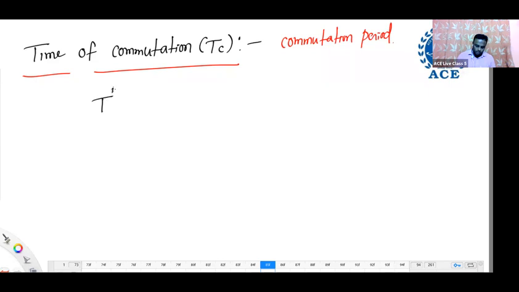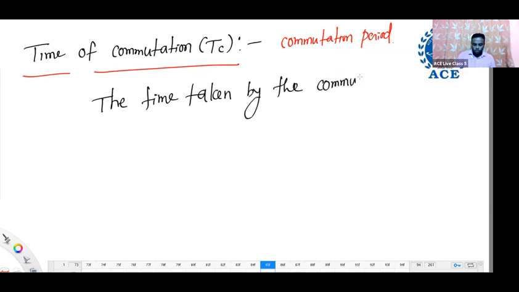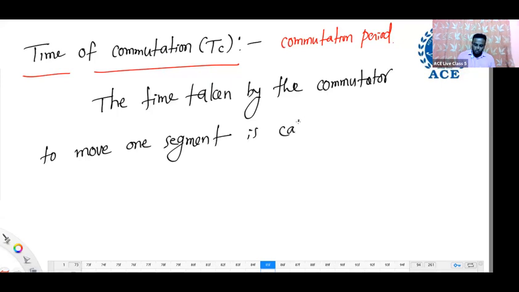The time taken by the commutator to move one segment is called TC, time of commutation.